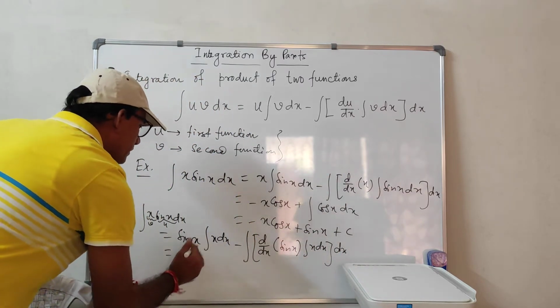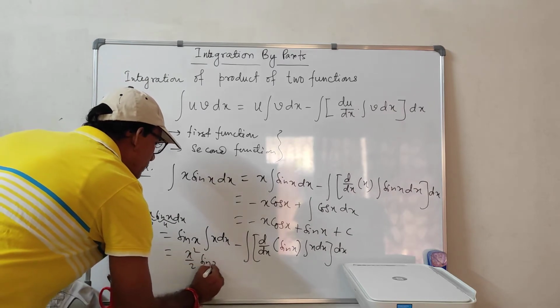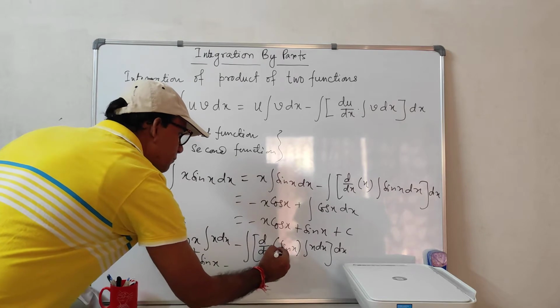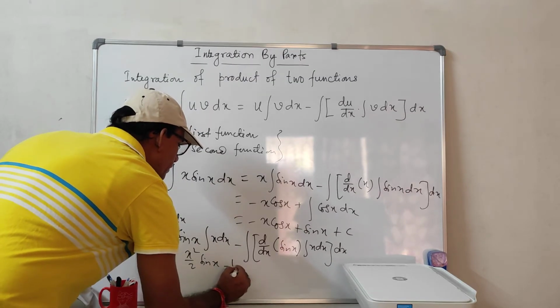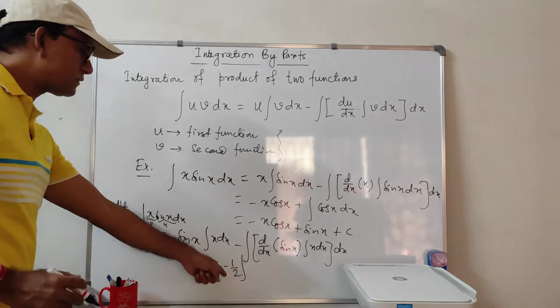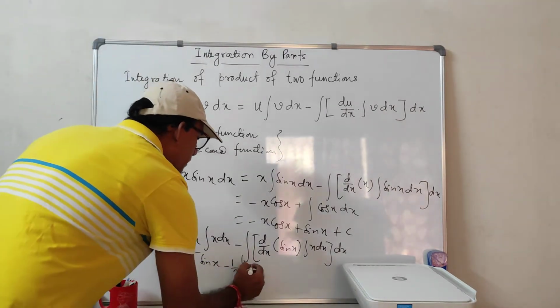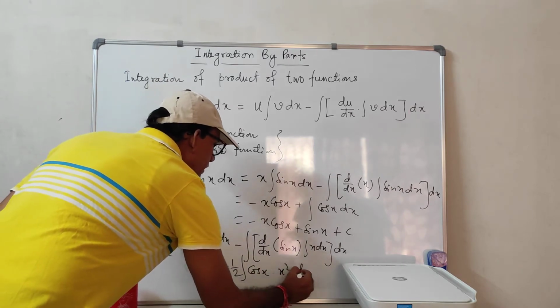Next, this is x square by 2: x square by 2 sin x minus, this is cos x into x square by 2. We take half out of the integral because it is a constant, cos x into x square dx.